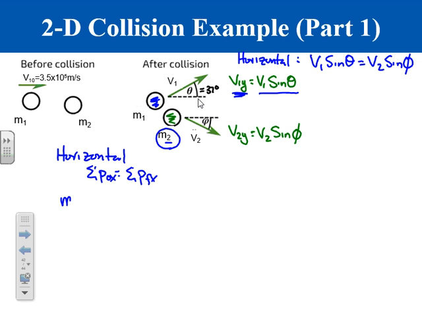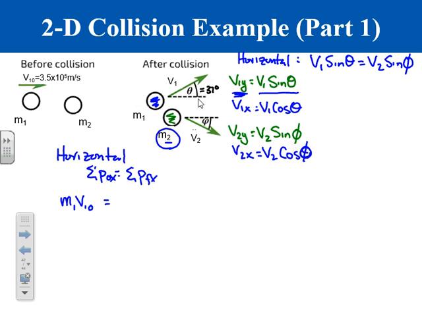Well, we have m1, and it's traveling with an initial velocity in that horizontal direction, v1 initial, all right? And that's going to be equal to the total momentum after in the horizontal direction. And we haven't written those expressions, but using the same kind of idea before, v1x would be v1 cosine of theta, and then v2x would be v2 times the cosine of psi, all right?